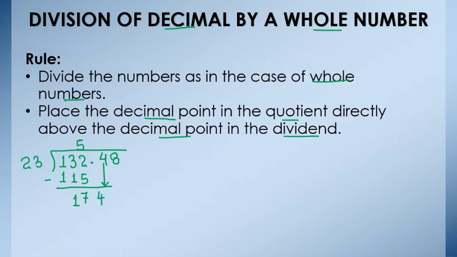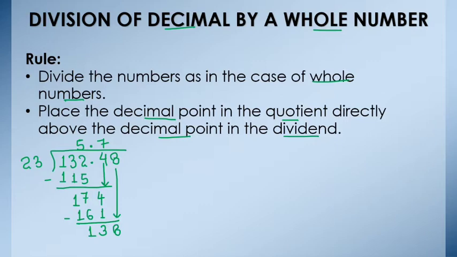So the number now is 174. Divide this number by 23. 23 sevens are 161. Subtract it, you will get 3, 1 and bring down 8.